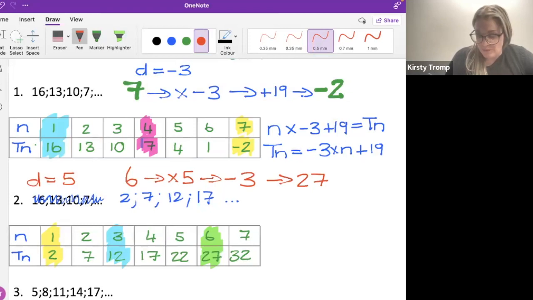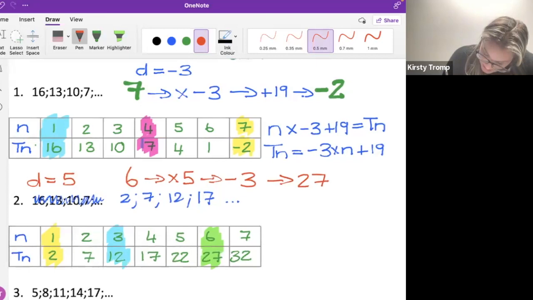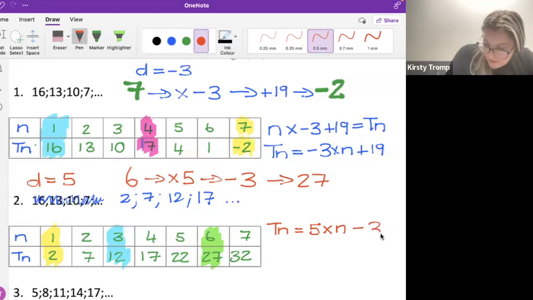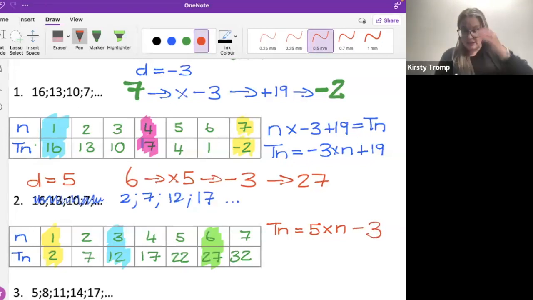So now they ask me to write it in a rule. So I'm going to say to myself, well, the term is equal to 5 times by the position minus 3. So to get the term, I times the position by 5 and I minus 3.